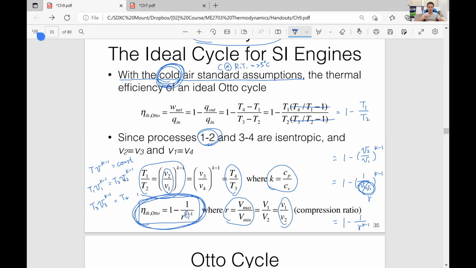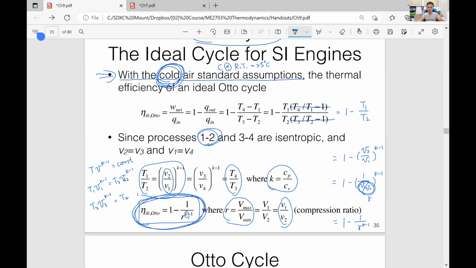We can write the efficiency of an Otto cycle in terms of compression ratio and specific volume ratio because we assume cold air standard assumptions, right?